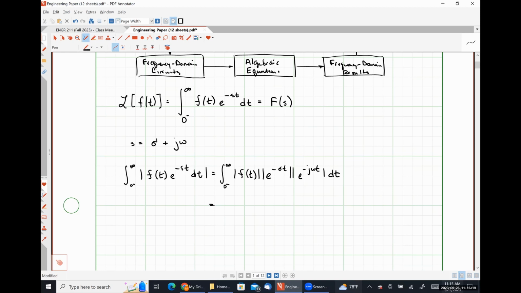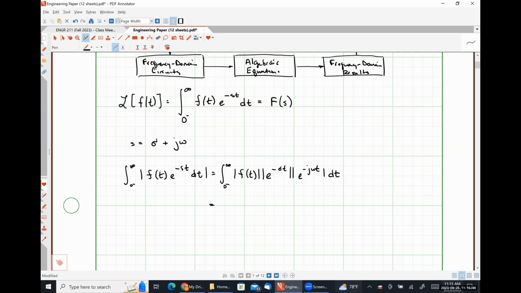So what is the magnitude of e to the negative j omega t for literally any value of t? What does e to the j omega t represent? Right. So what's the magnitude of a sinusoid? It will be 1 because there's nothing out here, right?